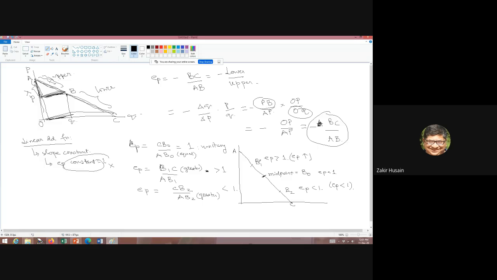So as we move up, from 1 it becomes 1.1, 1.2, 3, 4, like this. As we move down, elasticity becomes less than 1: 0.9, 0.8, 0.6, 0.2, 0.1, and so on. Is this clear, everyone? Because this is something which is going to be very important.